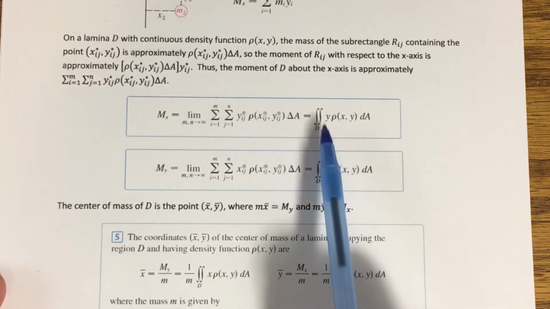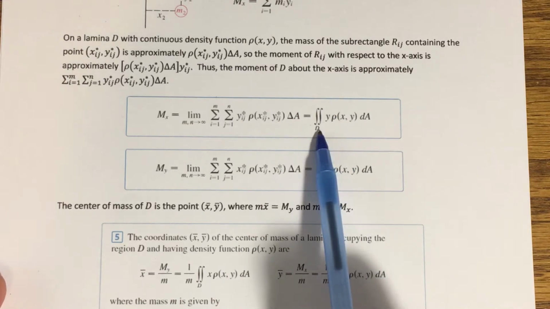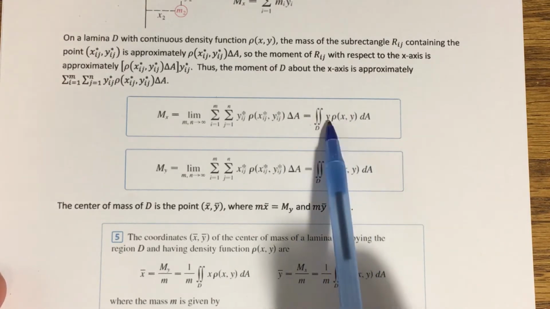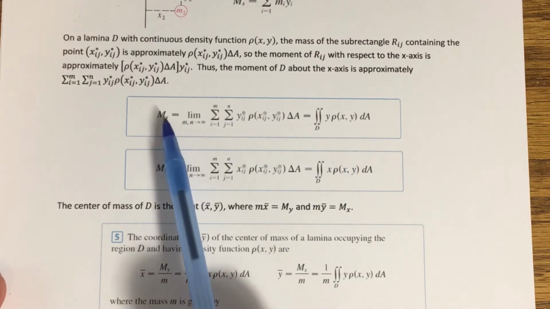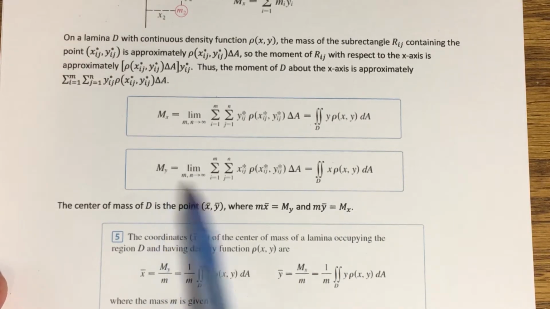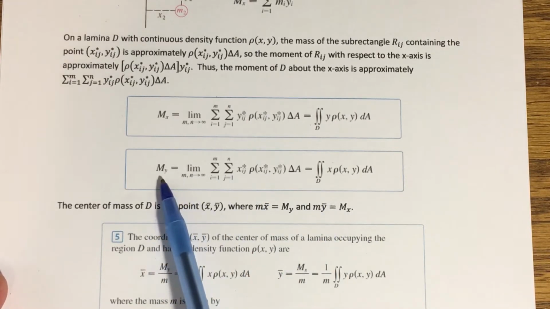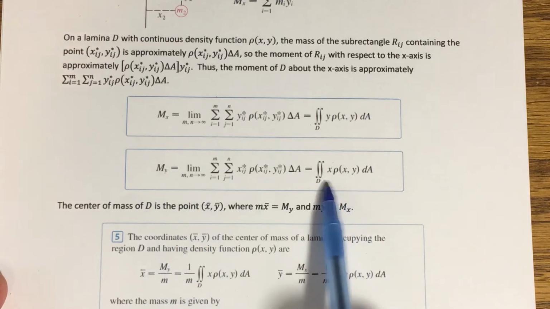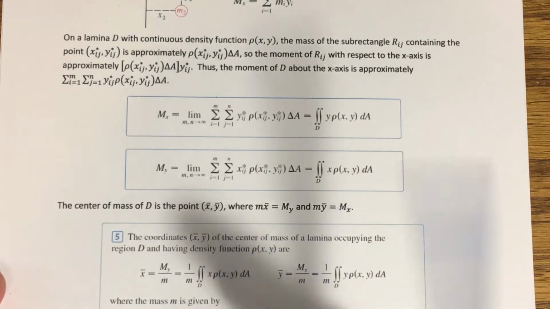The reason for that is that y represents the distance from any given point in our lamina with y as its y-coordinate to the x-axis. We have a similar derivation here. The moment of the lamina D about the y-axis looks similar, but with an x here instead of a y.